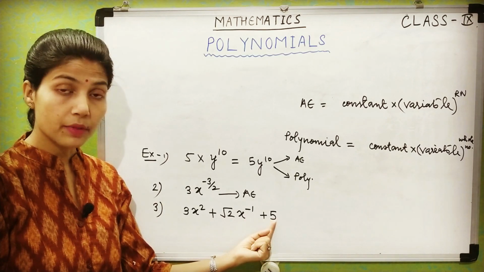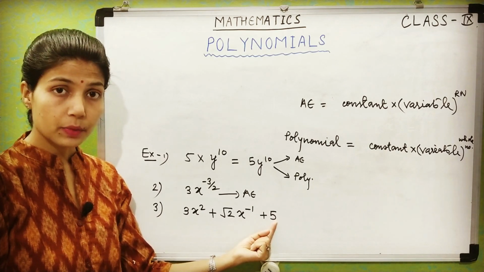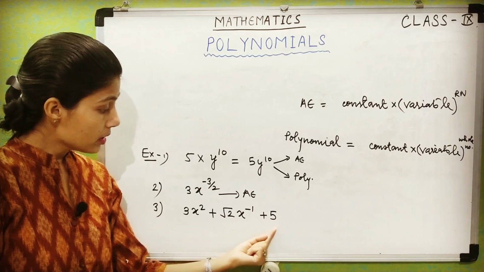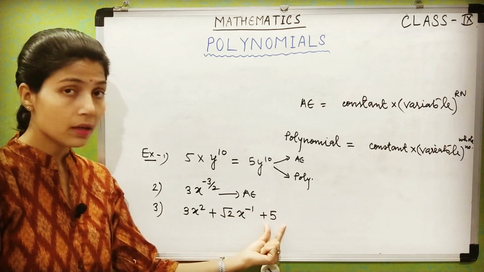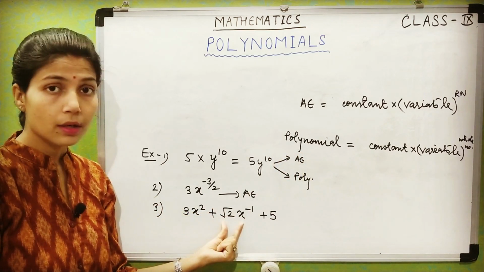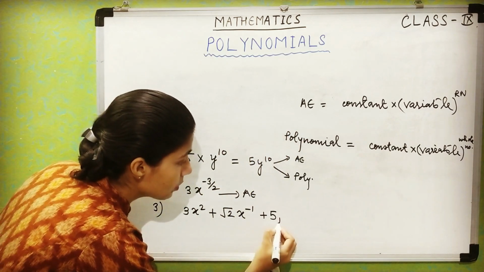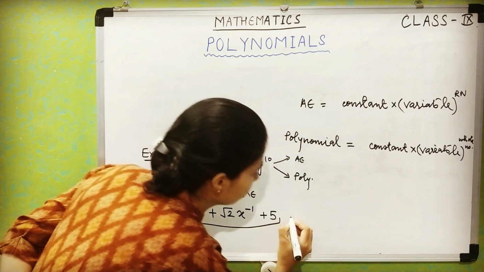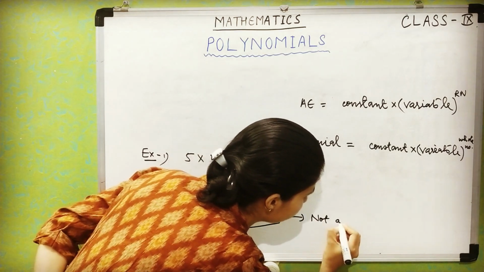And this one, 5 is a constant, so it is also an algebraic expression. So this expression is made up of 3 terms, in which 2 are fulfilling the definition of polynomial, but 1 is not fulfilling the definition of polynomial. That is why this whole expression is not a polynomial.